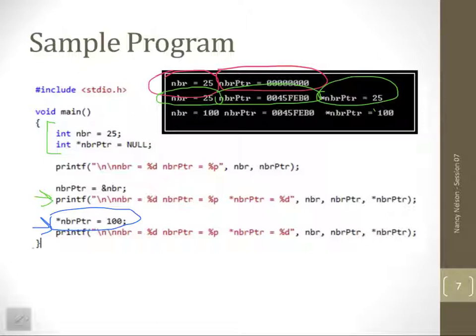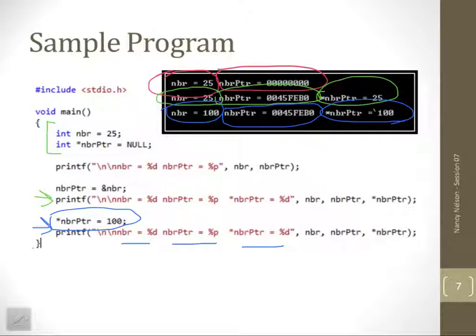It changes what the pointer is pointing to. So when I print my output now, I print number, I print the pointer, and I print the contents of the pointer. So number is now 100. The pointer is still pointing to the same thing, which is where number is stored. And here I can see the contents of what I'm pointing to is 100.